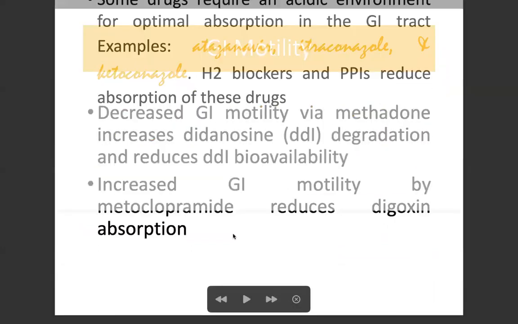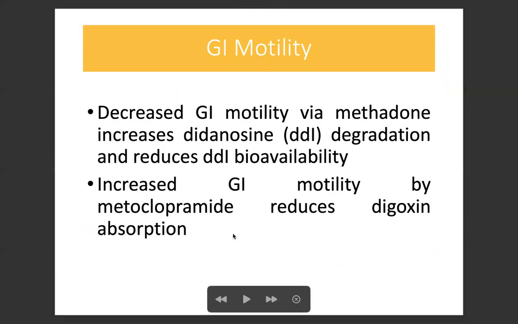Okay. GI motility. So, decreased GI motility via methadone increases didanosine degradation and reduces didanosine bioavailability. So, example, decreased GI motility tungod sa methadone, pag-take, i-increase ang didanosine degradation. Ganun man, kay decreased ang GI motility. Dili siya bioavailable.